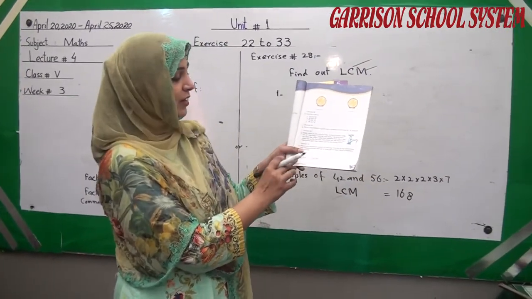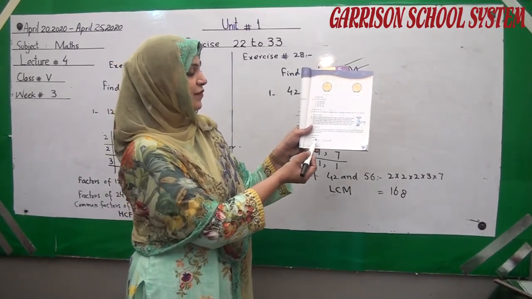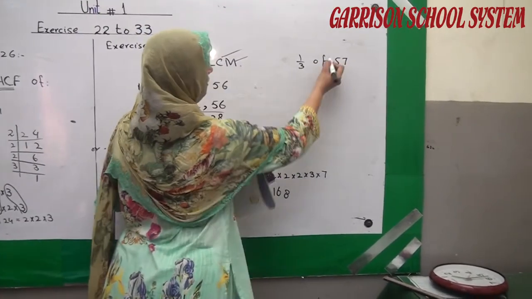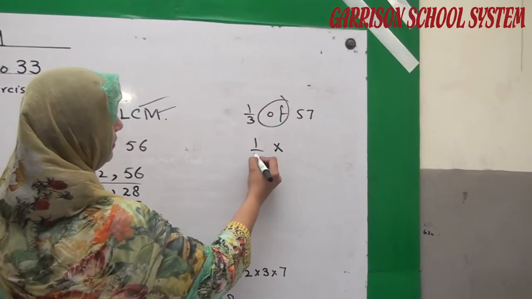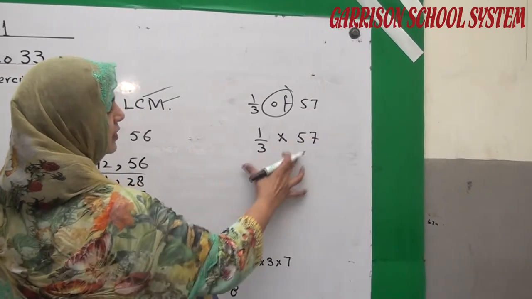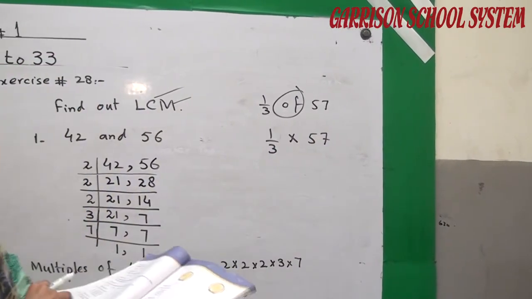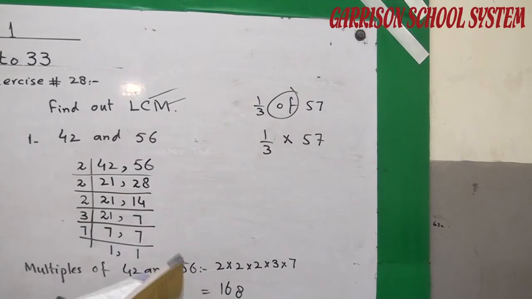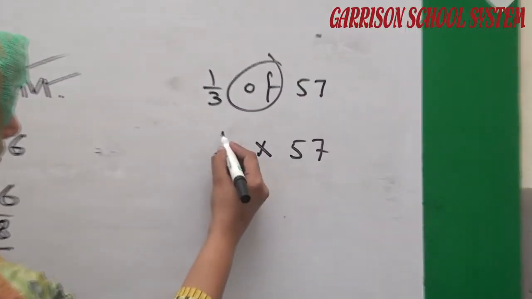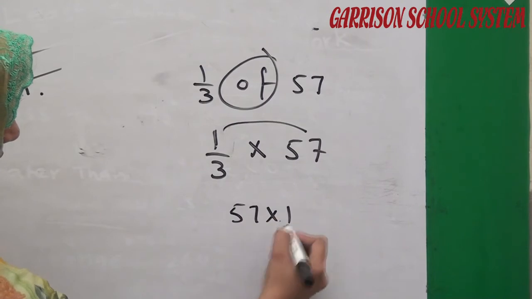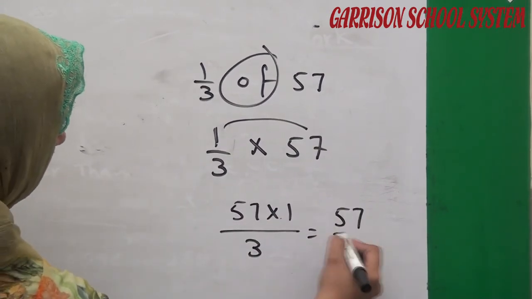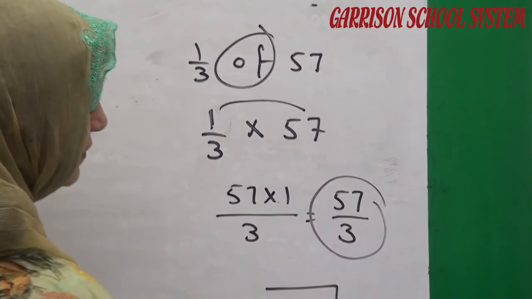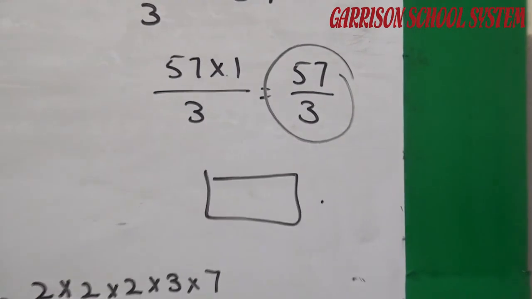Exercise number 32 I have told you about. 1 by 3 of 57 means 1 by 3 multiplied by 57. Here it is 57 by 3. Now you can divide 57 by 3, and then the answer will come.